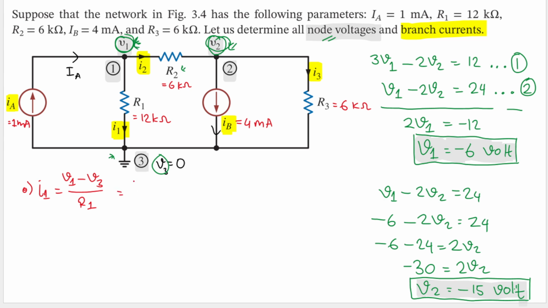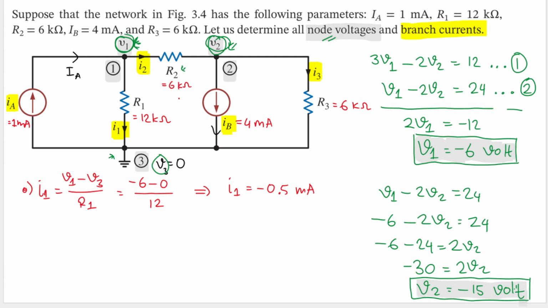V1 is minus 6, and V3 is 0. So we have minus 6 minus 0 divided by R1, which is 12 kilo ohm. Minus 6 divided by 12 is minus 0.5. So I1 is equal to minus 0.5, and the unit will be milliampere.